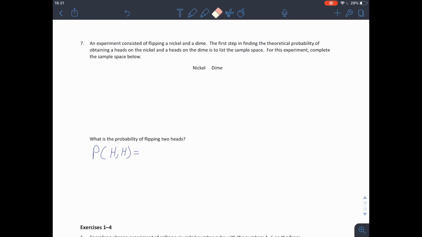So when I'm trying to make my sample space for a compound event like this where 2 different things are happening, I find it helpful to draw something called a tree diagram. What happens in a tree diagram is I list out all the possible outcomes from my first event, and then I branch off of it all of my possible outcomes for my second event, and there's a set of branches with all the possible outcomes for each of the outcomes in the first one.